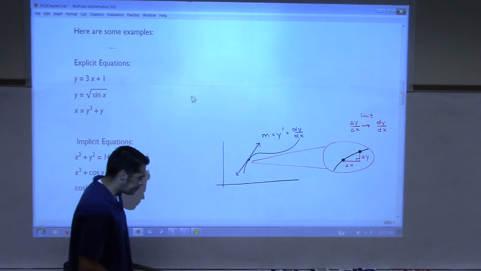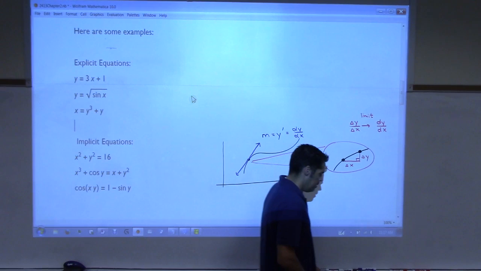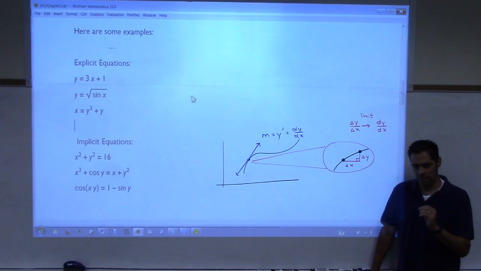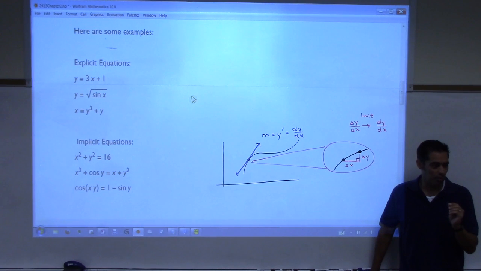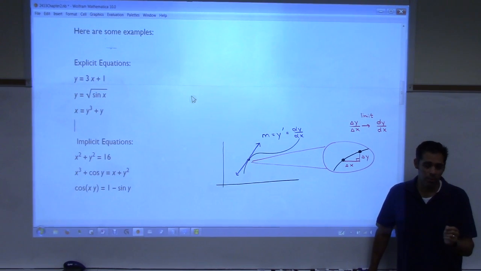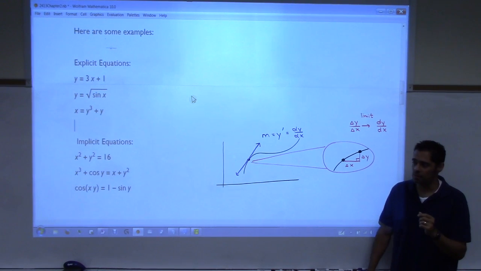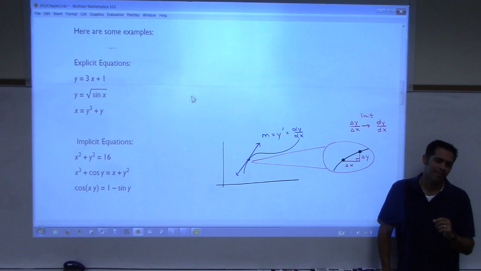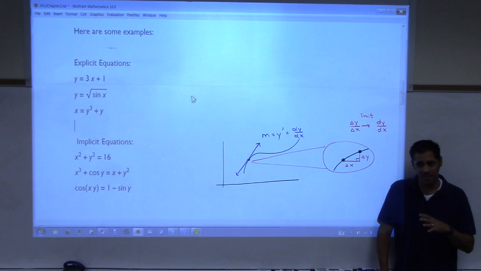And this section is critically important for the next section that we're going to do, which is 2.7, entitled Related Rates, which is arguably one of the top 3 most difficult things we'll do in this class, if not the top.